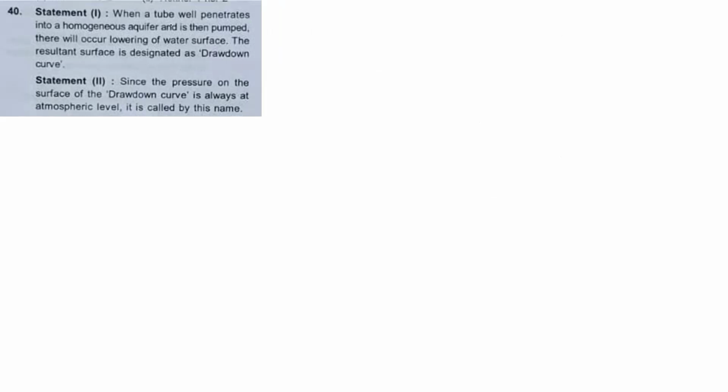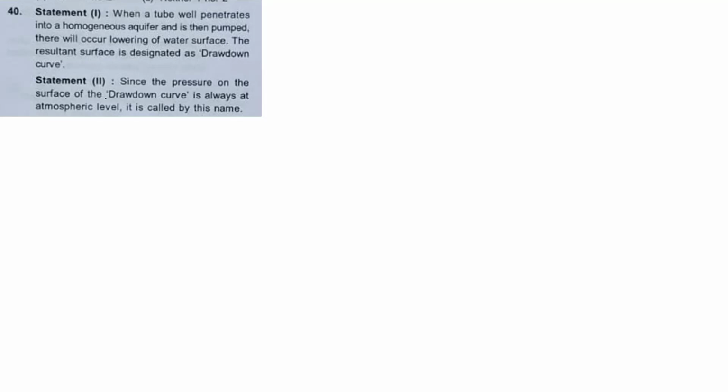Statement 1. When a tube well penetrates into a homogeneous aquifer and is then pumped, there will occur lowering of water surface. The resultant surface is designated as drawdown curve. Yes, this is correct statement.